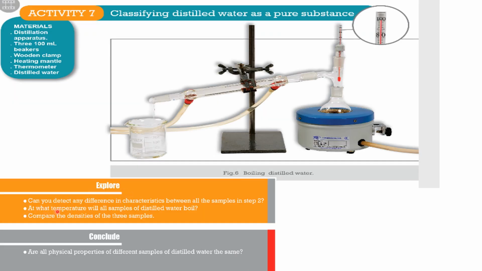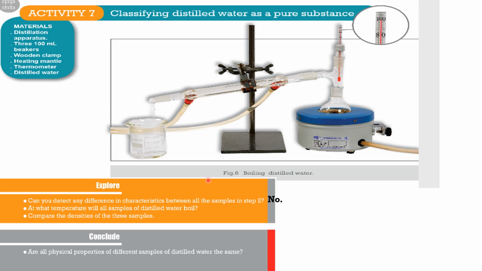Explore. Can you detect any difference in characteristics between all the samples in step 2? We said that the color in the three samples is the same, or all are colorless, odorless, and the appearance is clear.